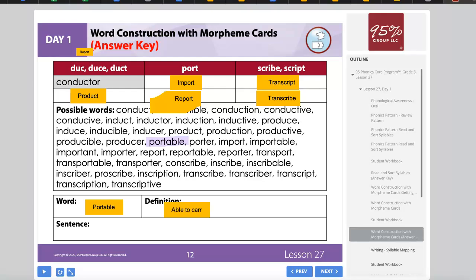Able to carry. All right, so I want you to come up with a sentence that has the word portable in it. Miss Debbie, you can set a timer with Alexa for 2 minutes and have them come up with their sentences.